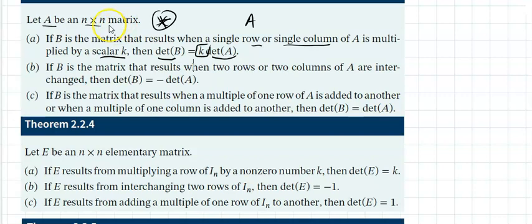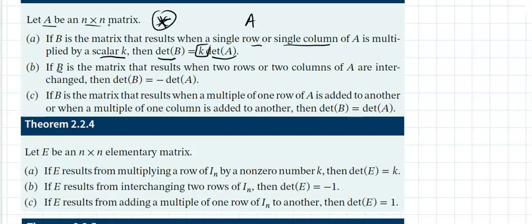That's it. When you multiply a row of matrix A by k, it becomes matrix B because it's no longer the same.